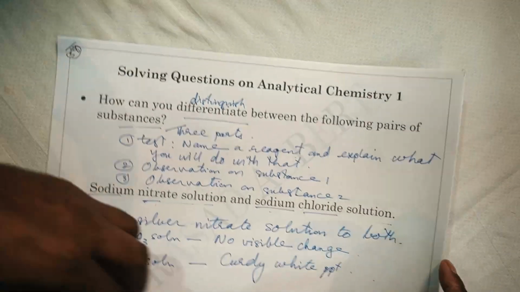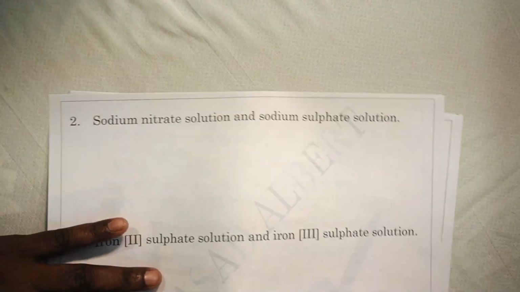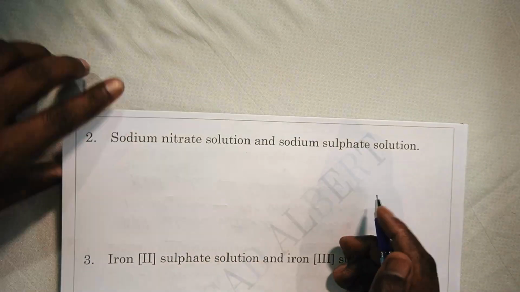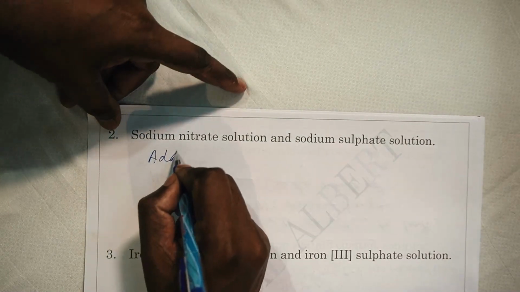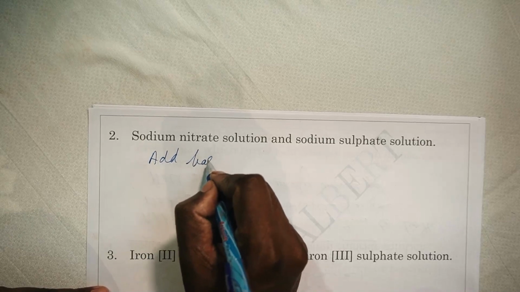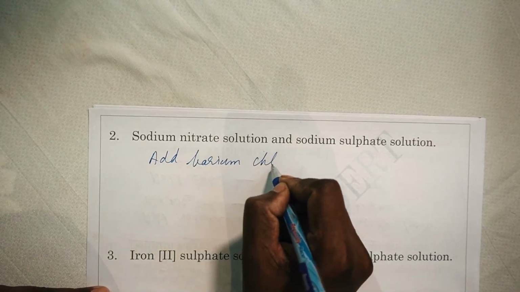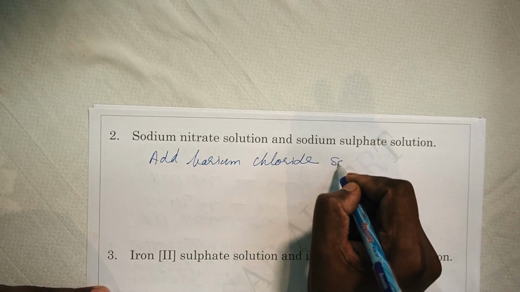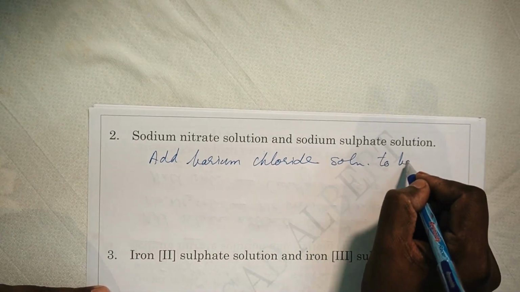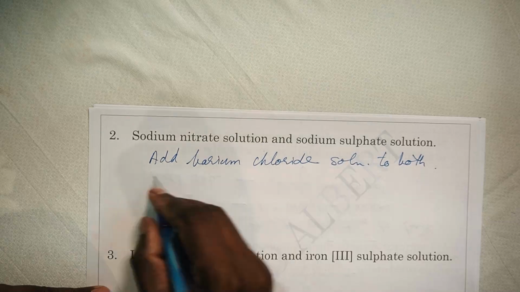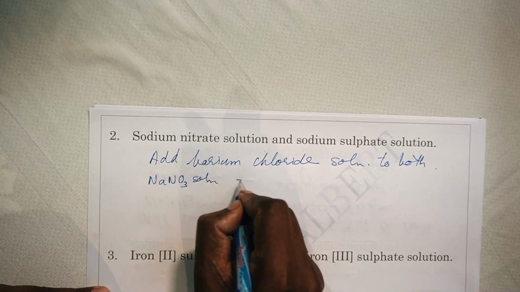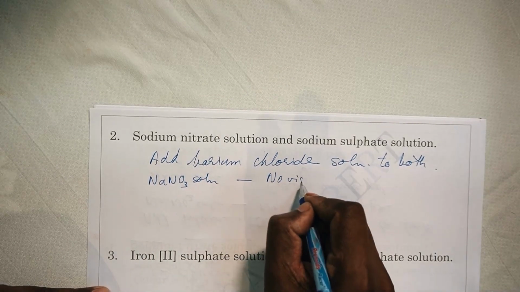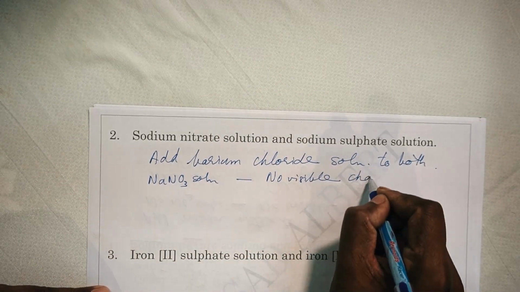Your mark is given. Now in this series, the second pair of substances is sodium nitrate solution and sodium sulfate solution. Here you can use a reagent: add barium chloride solution to both. Now the first substance, sodium nitrate, NaNO3 solution: no visible change.